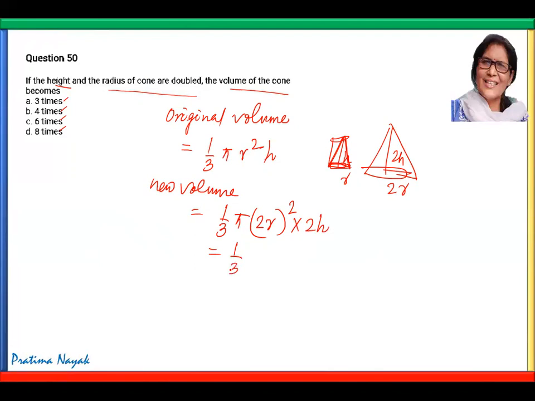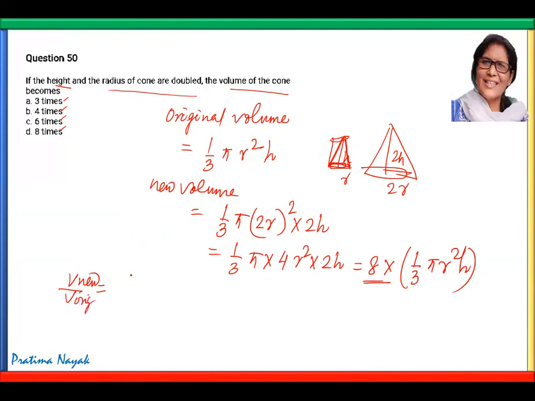So how many times is it multiplied? It will be 4r square into 2h, or 8 into 1 by 3 pi r square h. How many times is it? 8 times. Or you can write in this way, new volume by the original is equal to 1 by 3 pi into 2r into 2r into 2h whole upon 1 by 3 pi r square into h. So you will get that all the things will be cancelled.